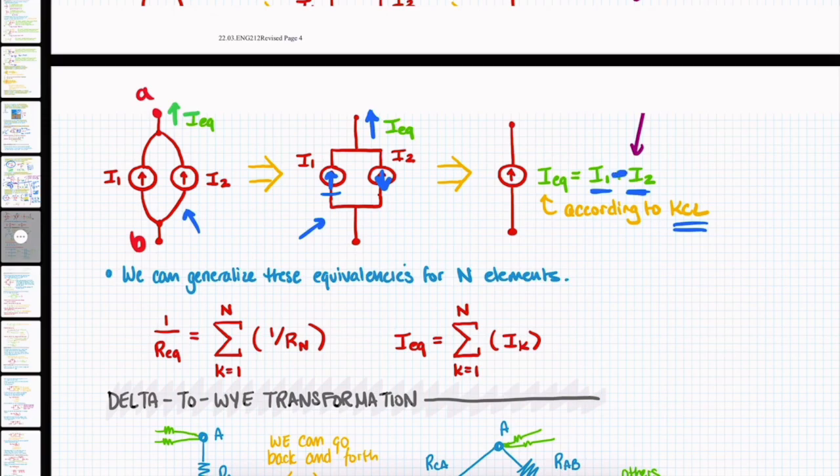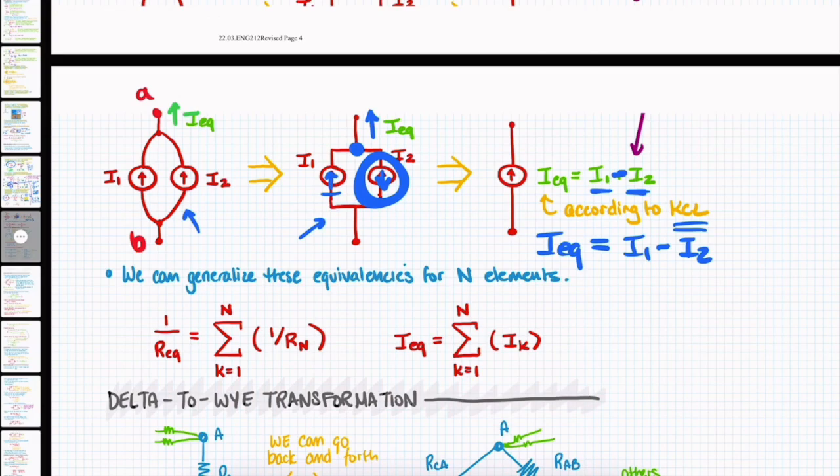And all of this comes from simply applying KCL at that node right there. KCL tells us that I equivalent, which is the current flowing out of the node, will be equal to the sum of the currents flowing into it, which in this case is I1 plus I2, unless we flip the direction of the current source, and in that case it becomes I1 minus I2.